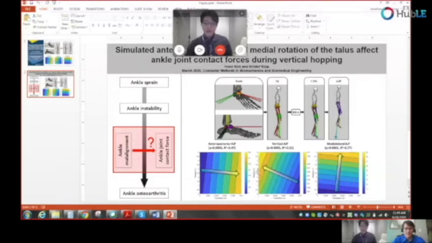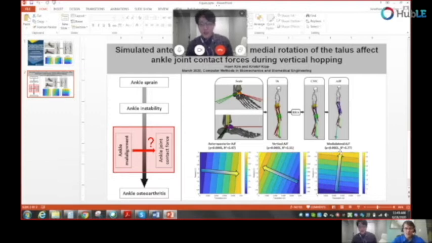Yeah, so the vertical ankle joint contact force, which is compressive contact force, was affected by both medial rotation and anterior translation of the talus because the color is changing diagonally. But as you can see, the R squared value, 0.11, is small, so the impact was small.